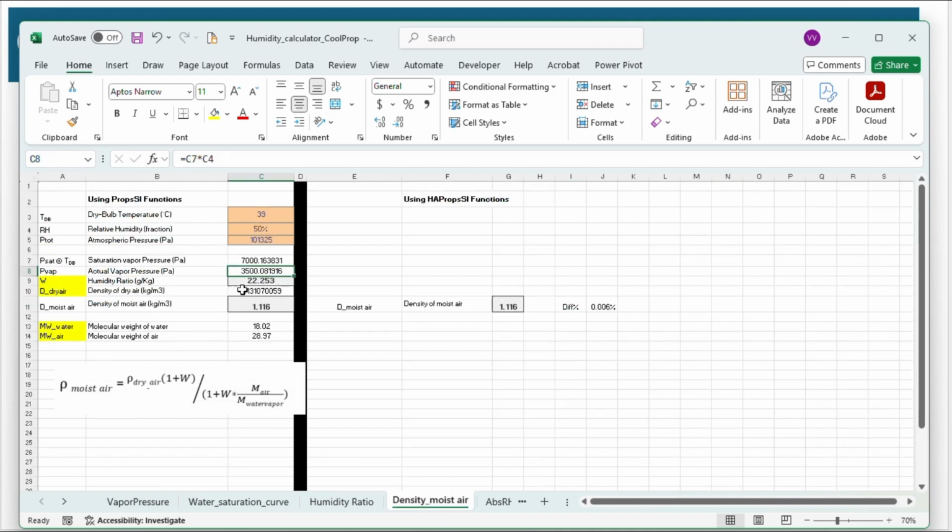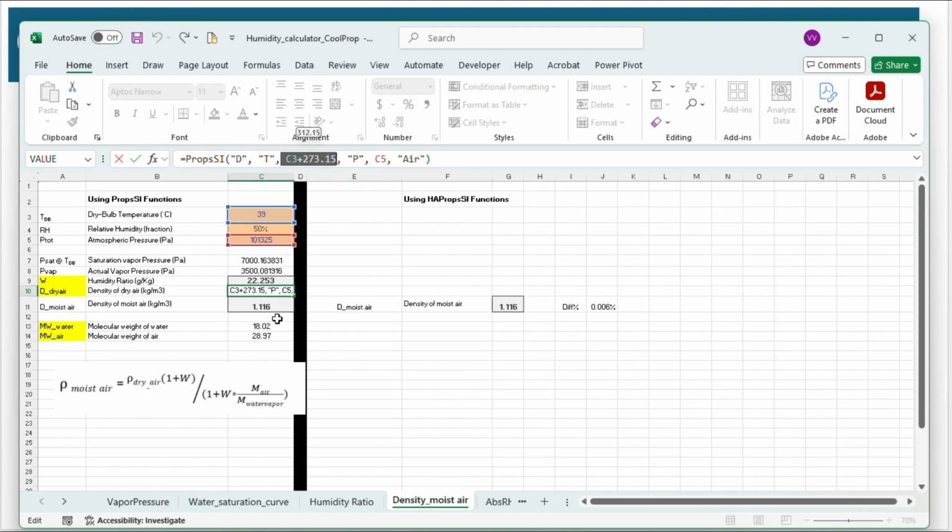So you calculate that humidity ratio, and then once you know the W, you need to use the density of dry air, which is easy to calculate. You calculate using air as the fluid and provide the temperature, which is basically 39 degrees C. Oh, one thing I forgot to mention here is you can do unit conversion inside.